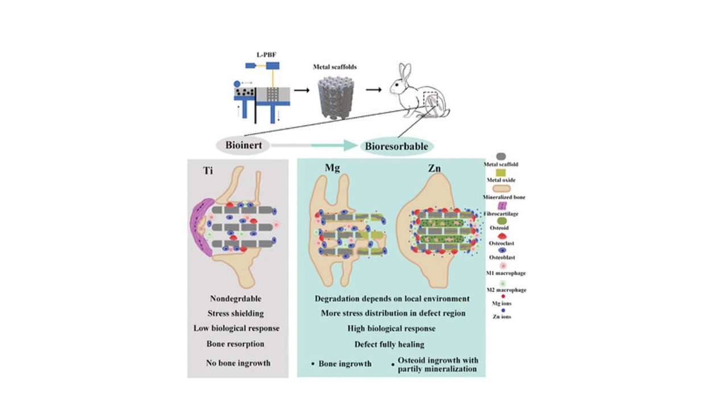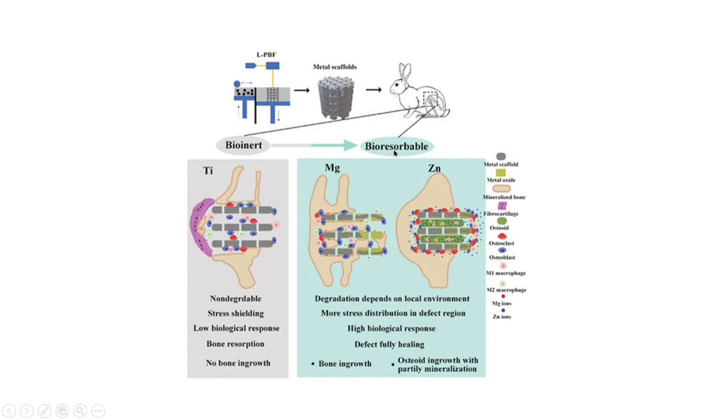If there is a handicapped patient and you want to implant a material into his tissue, there won't be any new tissue growth happening, and it shouldn't support new tissue growth, because tissue growth there has been stopped. So you will need a bioinert material which is non-degradable, has stress shielding characteristics, low biological response, low bone resorption, and no bone ingrowth.